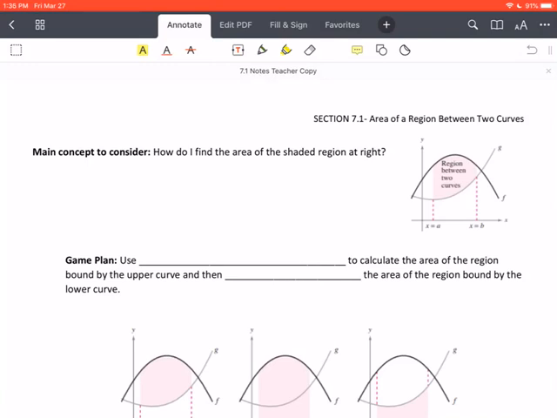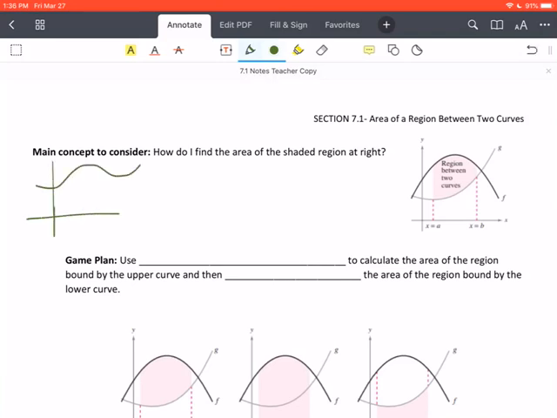So the main concept of section 7.1 is how do we find the area of a region between 2 curves? If you recall definite integration back from chapter 4, we discovered that if we have some sort of curve and we want to find the area under that curve, then we can find that area by using an integral.